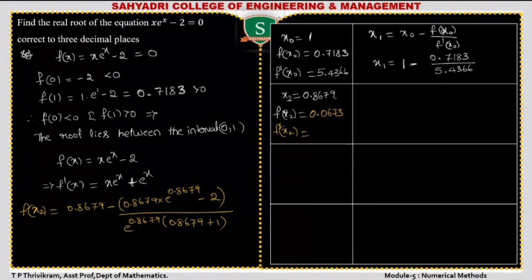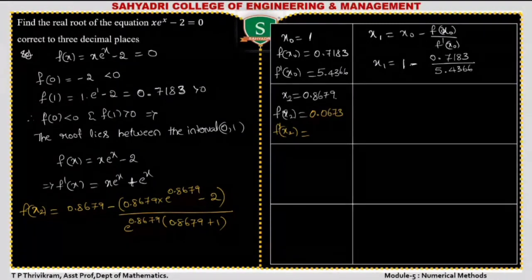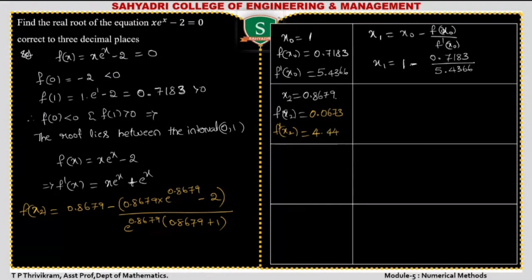You'll get 4.4492. Now substitute in the formula. x2 is equal to x1 minus f of x. Sorry, here this is x1.